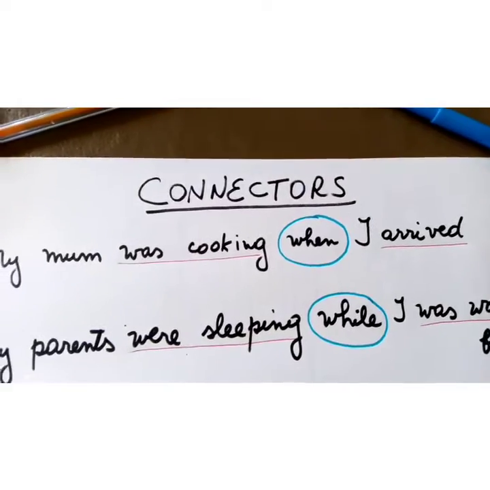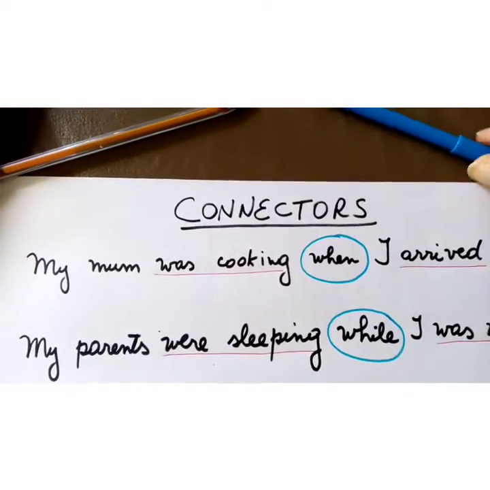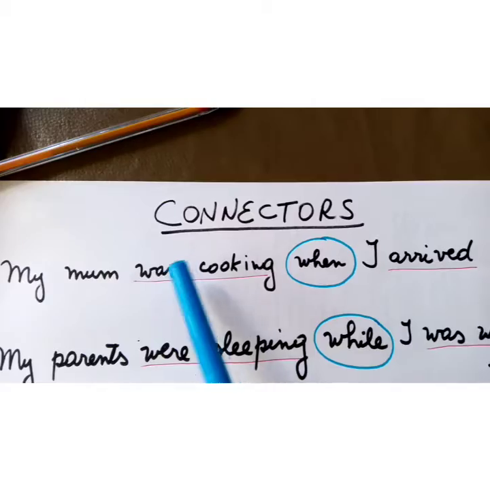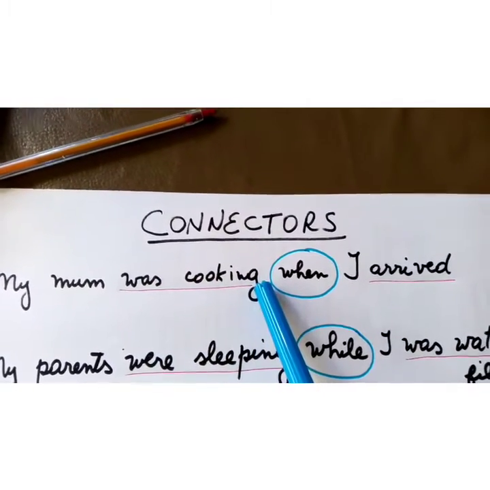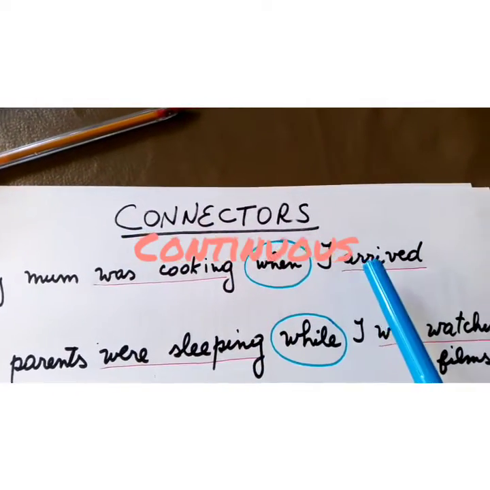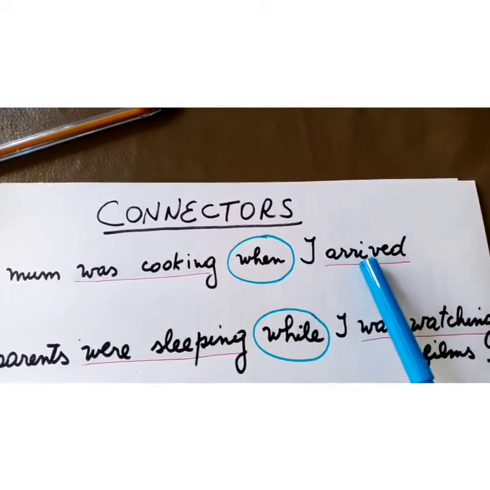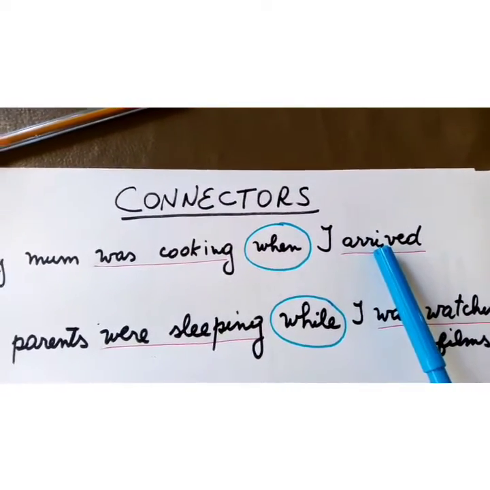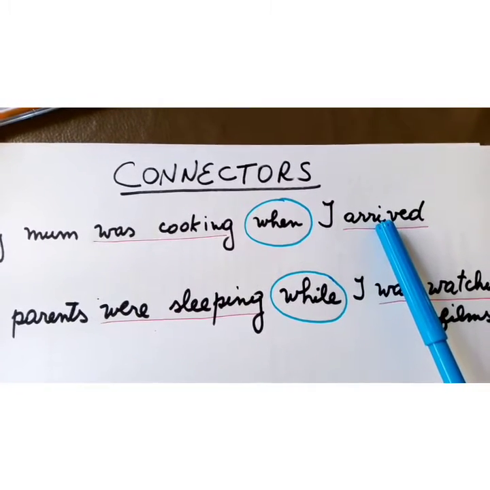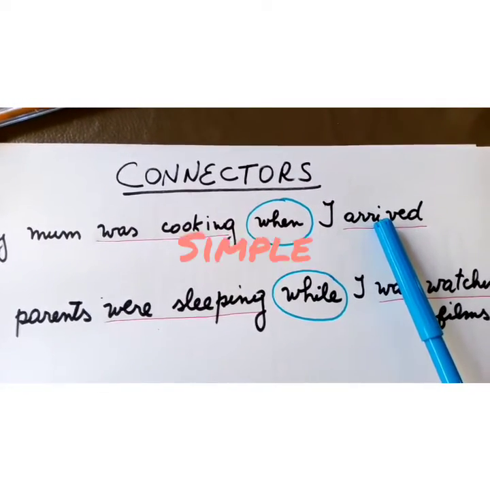Well, was cooking, you remember, is a long, continuous action in the past continuous. And I arrived is a short action in the simple past.